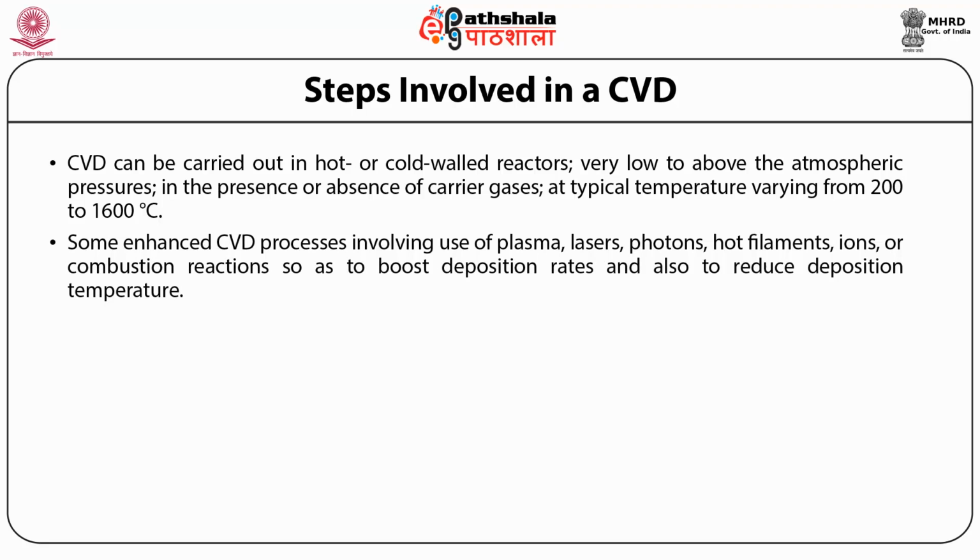Some enhanced CVD processes involve the use of plasma, lasers, photons, hot filaments, ions or combustion reactions so as to boost the deposition rates and also to reduce the deposition temperature.